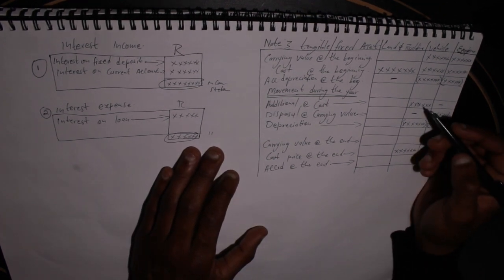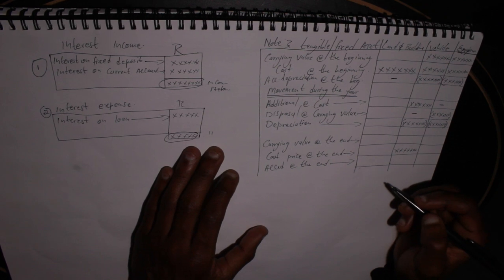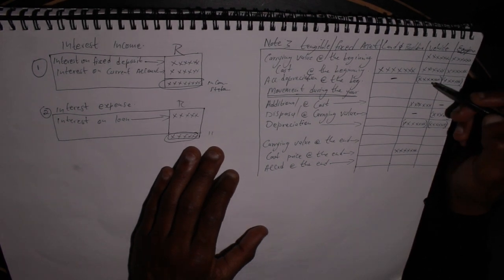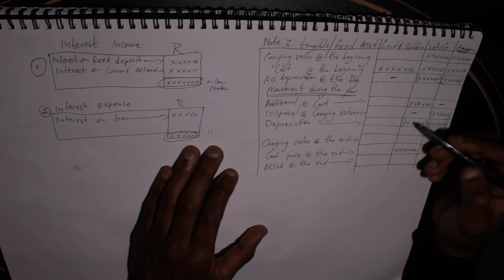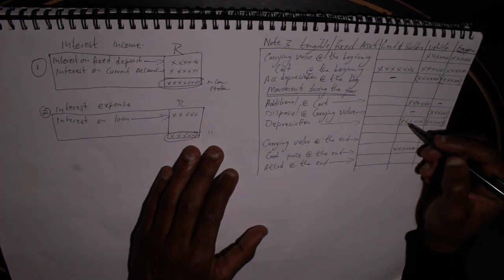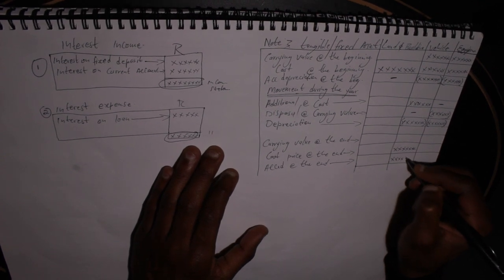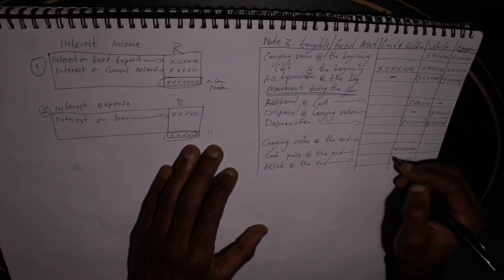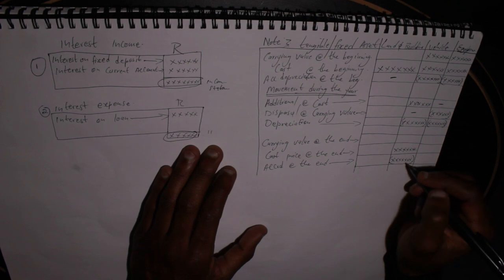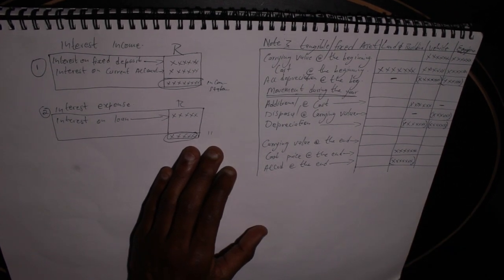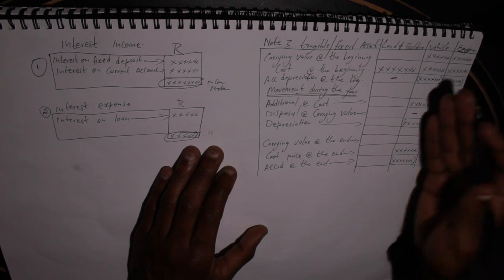Now we're going to go to our accumulated depreciation. So we have accumulated depreciation at the beginning. We're going to take the beginning and add another depreciation that took place during the year, and then we're going to have our accumulated depreciation at the end. So we put this in brackets because this is the value we have lost throughout the year since we started running to date on vehicle.